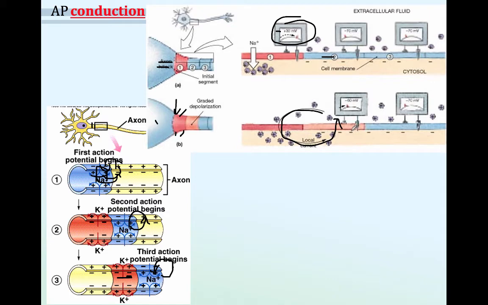Once we do get to positive 30 here and we have positive charge inside, again, there'll be flow of current from this piece which is depolarized across to the piece which is at rest. And as the current moves through this piece of membrane, it stimulates opening of number 1, voltage-gated sodium channels. Sodium comes in. Number 2, voltage-gated potassium channels, potassium leaves, so that we get the complete action potential, the depolarization, the repolarization. And so that's what you have to remember.